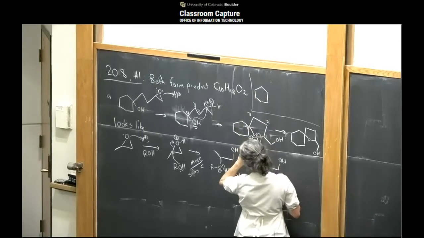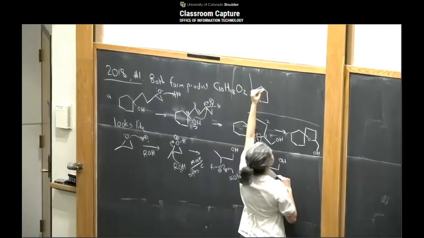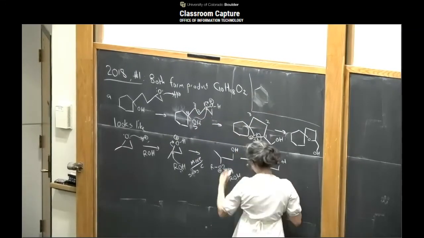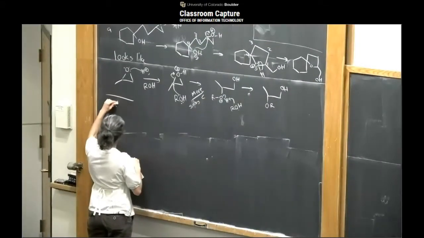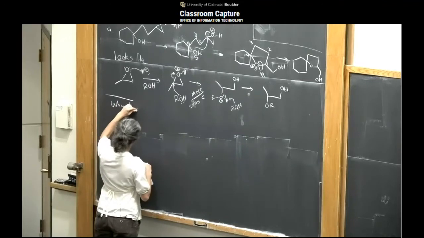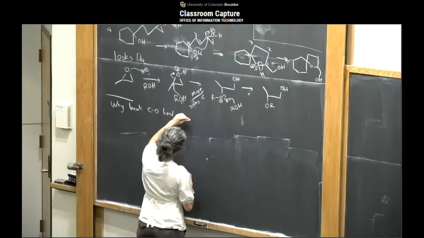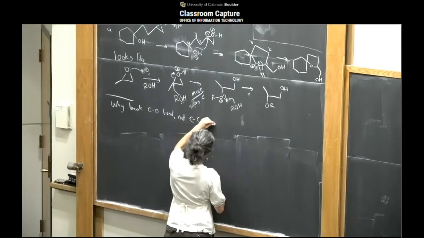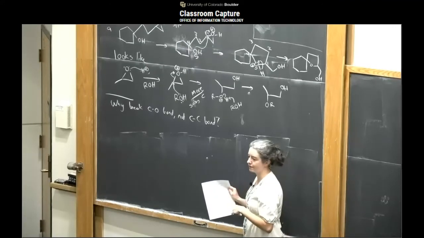So then I would have an attachment onto, I don't know if I left enough room. Let me go down here, actually. Okay, so I think that's what you're asking, right? Why break the CO bond instead of the CC bond?